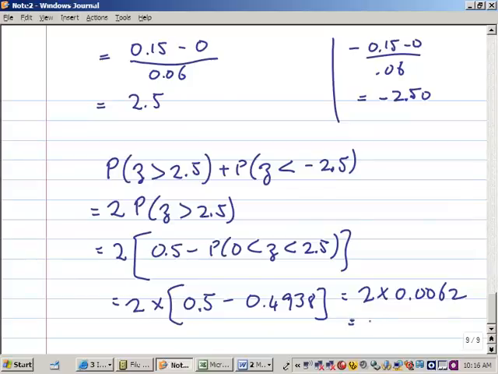And that'll be, again, I'll do this in my head, 0.0124, right? It's about 1.25%. So the probability of getting a change that large or larger, at 0.15 ounces change or larger at any one day, is about 1.24%, and that's unlikely given the other specs that they gave us. Okay.